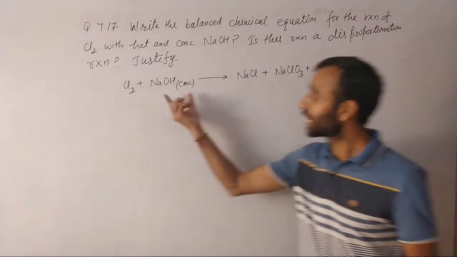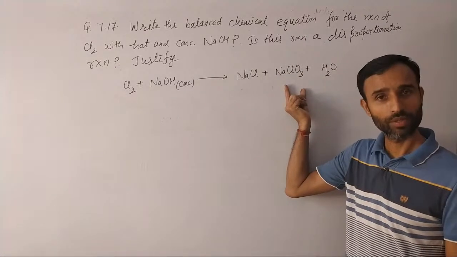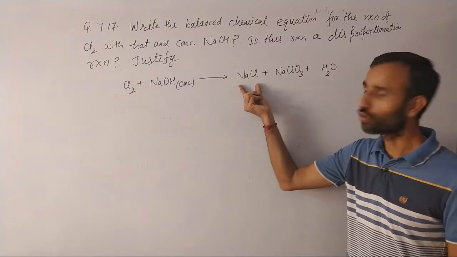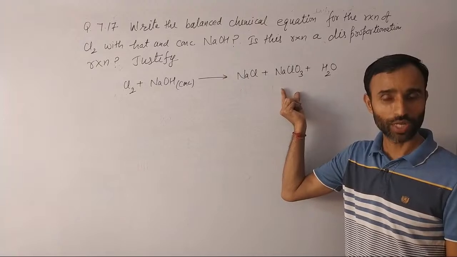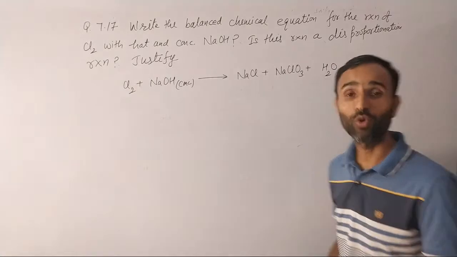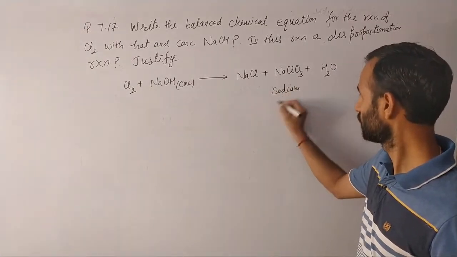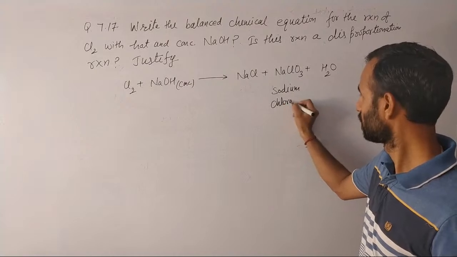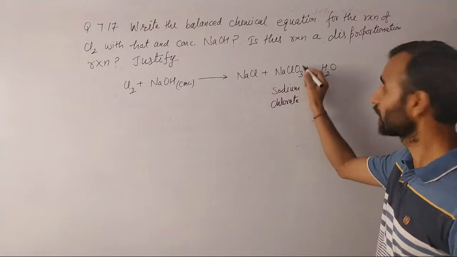If it is dilute sodium hydroxide, we will get NaClO. So what is the name? Sodium chloride. And what is this? Yes, sodium chlorate, just as we have done. It is sodium chlorate, because it is ClO3 negative.